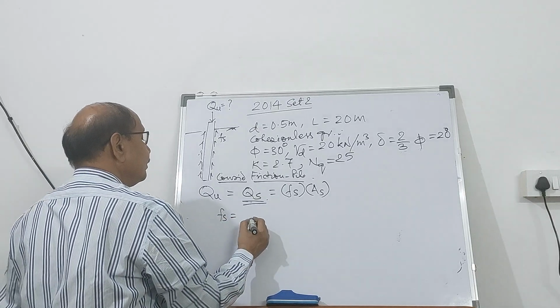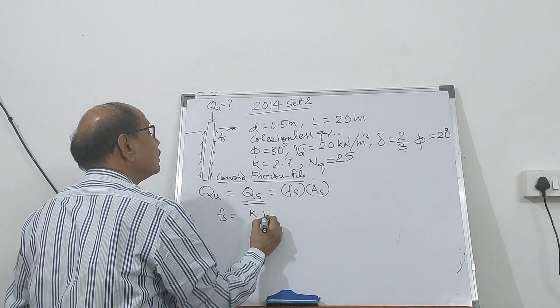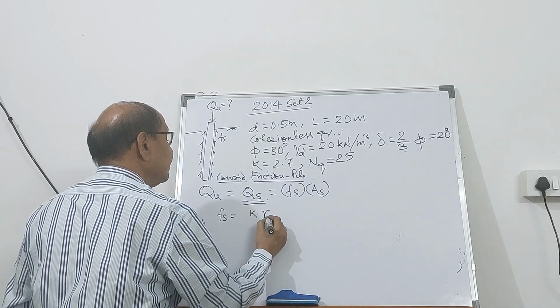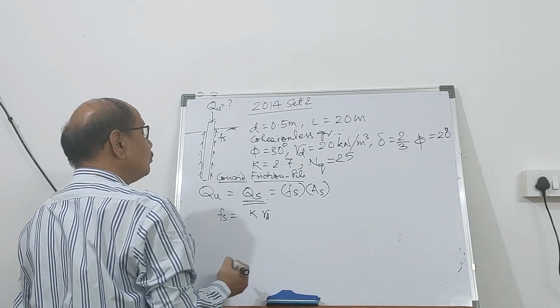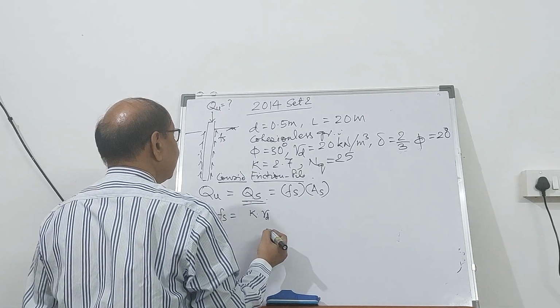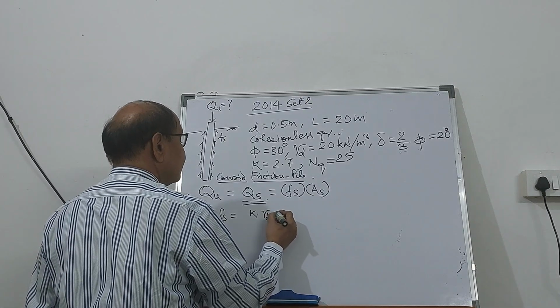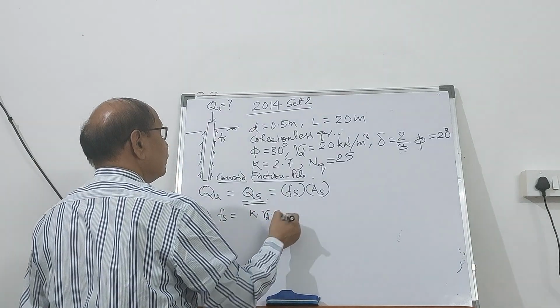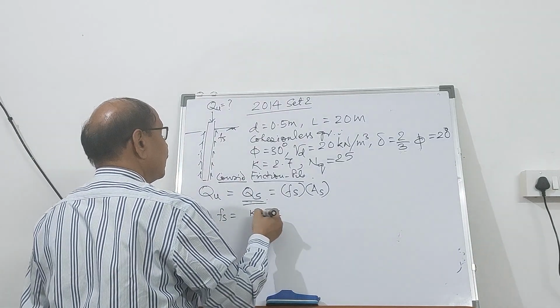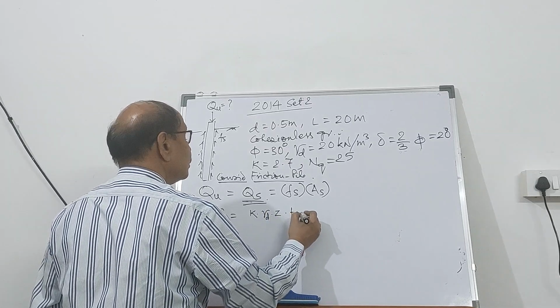It is going to be K times gamma d, because it is completely dry cohesionless ground, gamma d multiplied by Z, so the vertical stress, multiplied by this horizontal into tan delta.